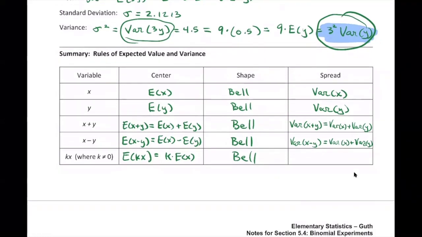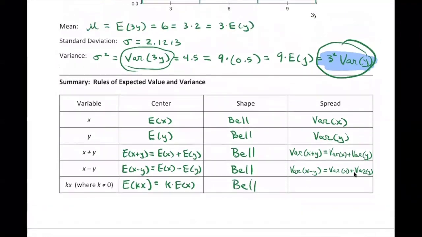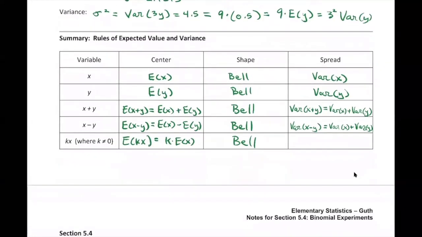Then going back again, the variance of 3y was 3 squared times the variance of y. If you have the variance of kx, this rule says you can bring the k out, but it comes out squared.